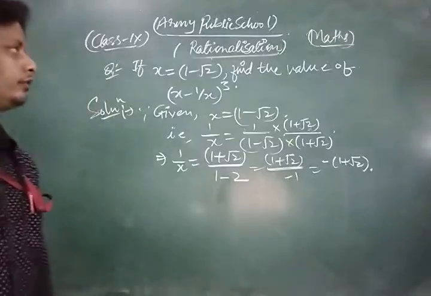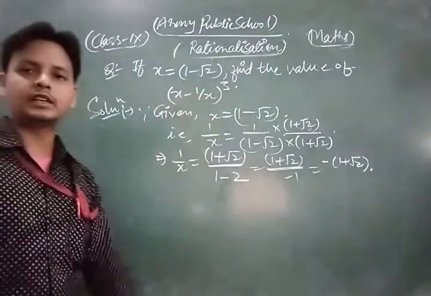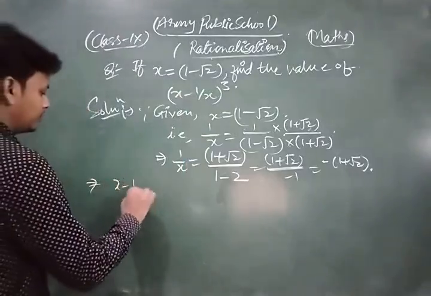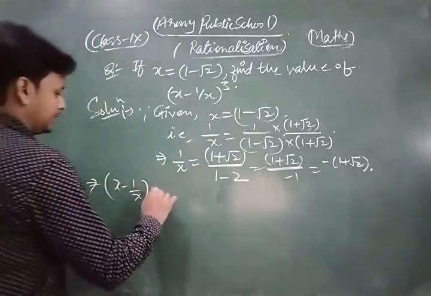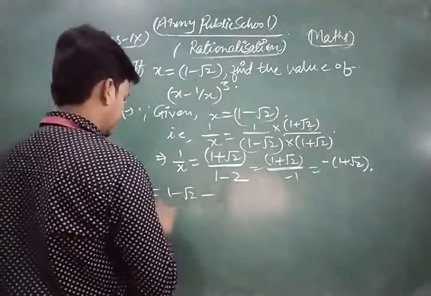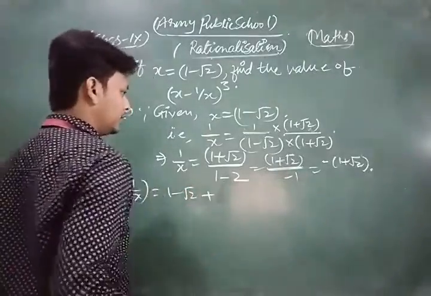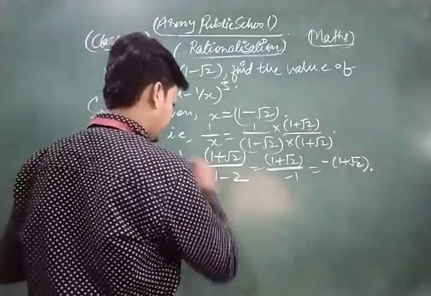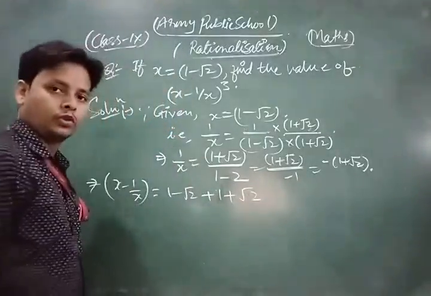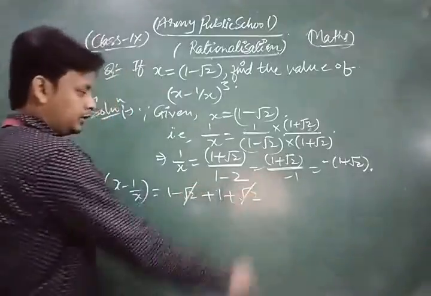Now we find the value of x minus 1 upon x. X is 1 minus under root 2, minus the value of 1 upon x, this is minus, minus plus, so it becomes 1 minus under root 2 plus 1 minus under root 2. Now look, under root 2 cancel each other.